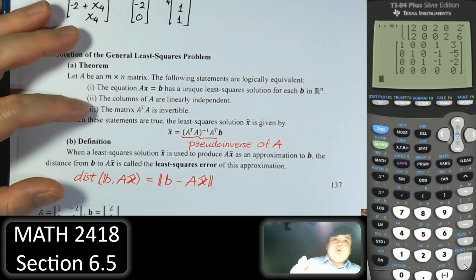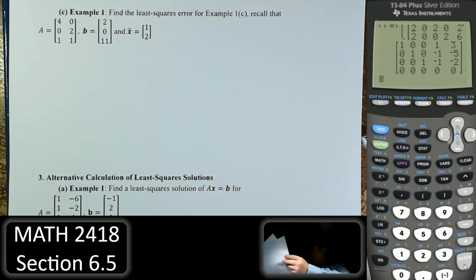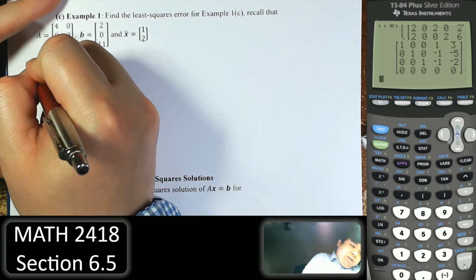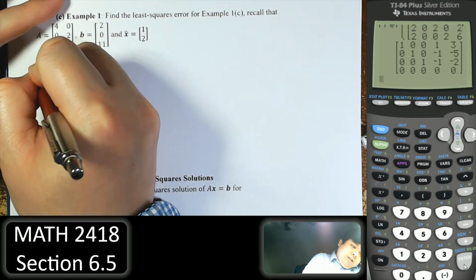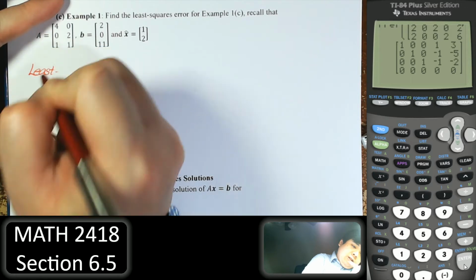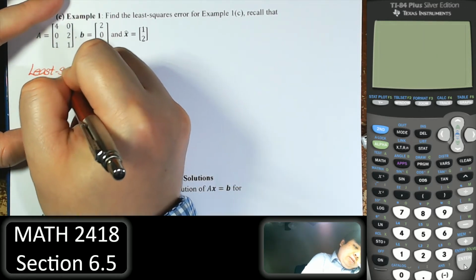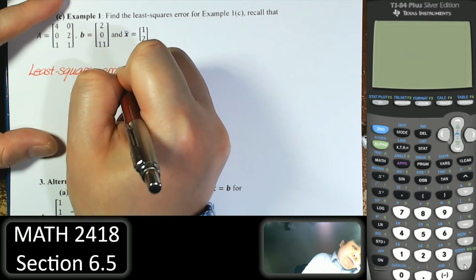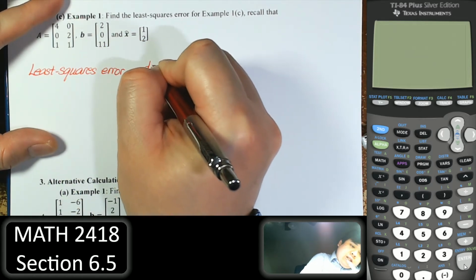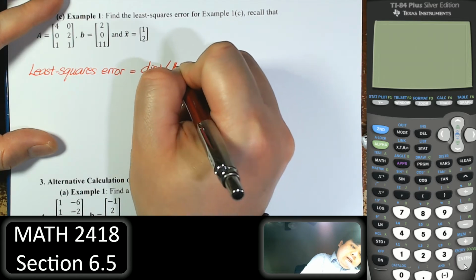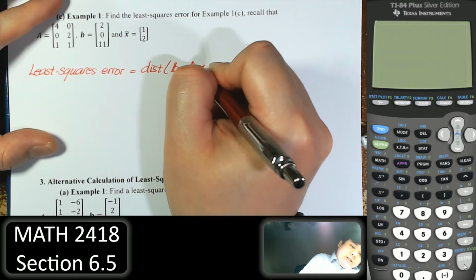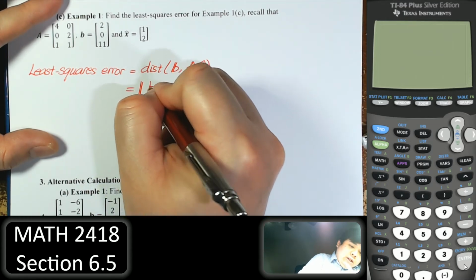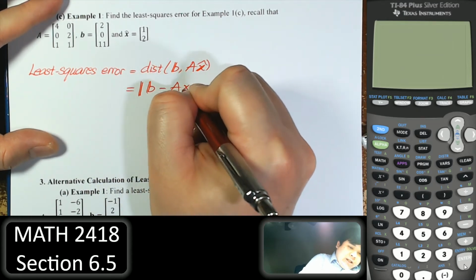So simple enough. So the least square error equals the distance from B to Ax hat, which is equal to the norm of B minus Ax hat.